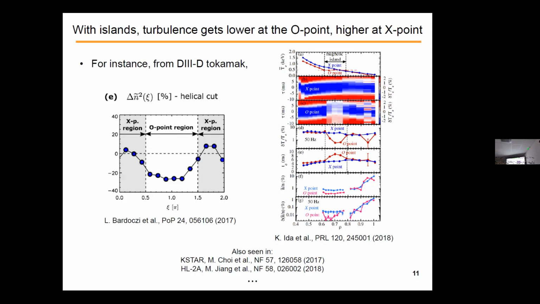But what's important in the context of my presentation is that while the fluctuation near the O point goes down significantly, there is still non-zero finite fluctuation amplitude in the region where profiles are almost flat.